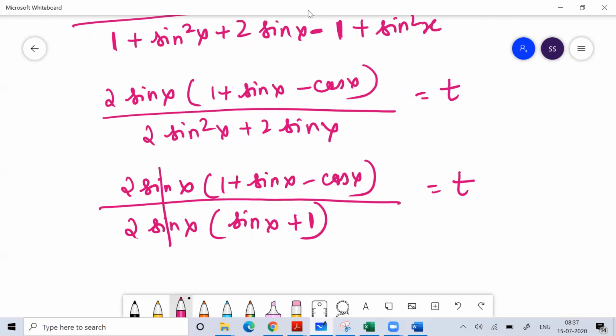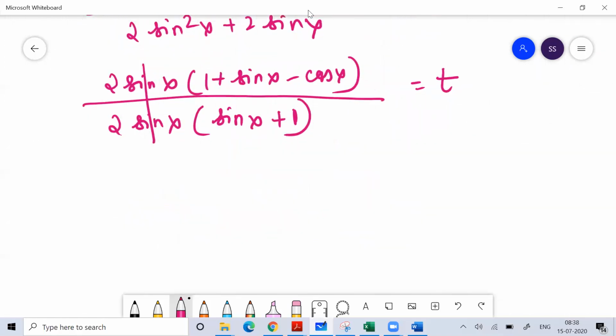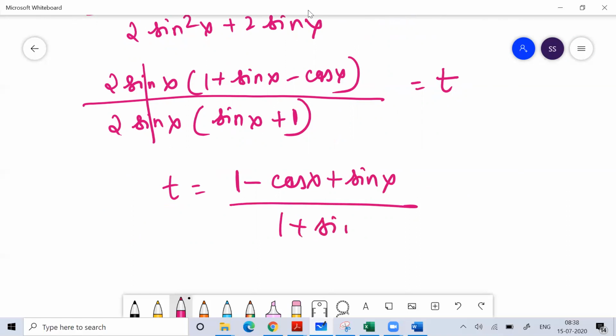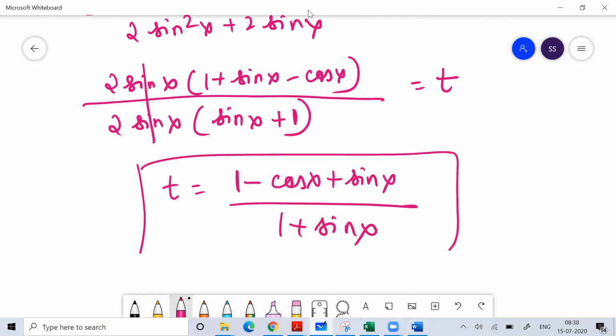So this and this get cancelled. Ultimately you are left with t equal to 1 minus cos x plus sin x divided by 1 plus sin x.